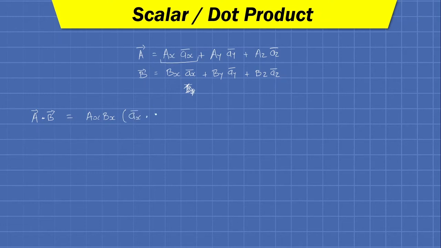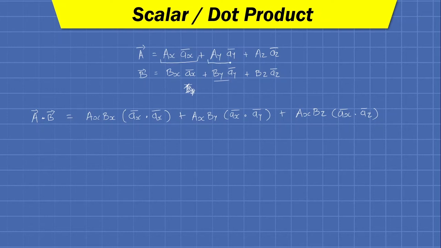So ax bar dot ax bar. Plus multiplying with this term, so it will result in ax by, ax bar dot ay bar, plus ax bz, ax bar dot az bar. Fine. So we have done multiplying first term of a bar with all three terms of b bar.